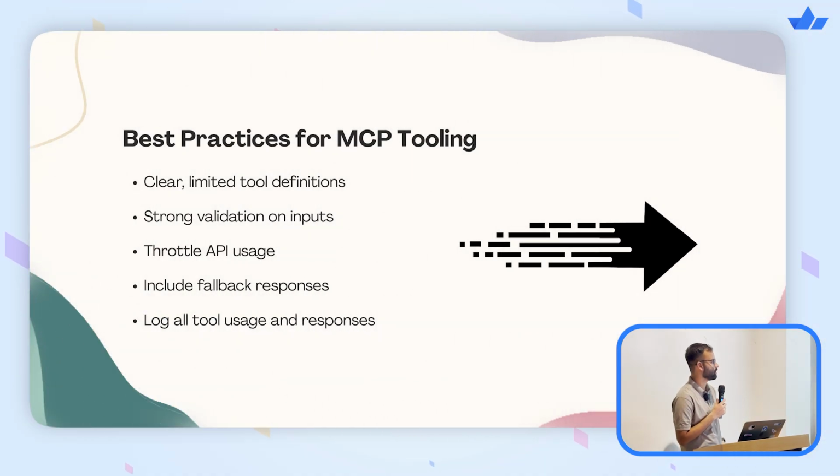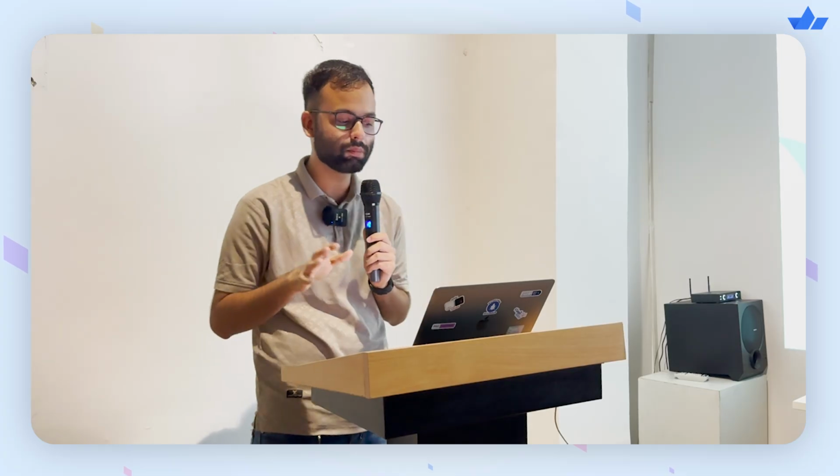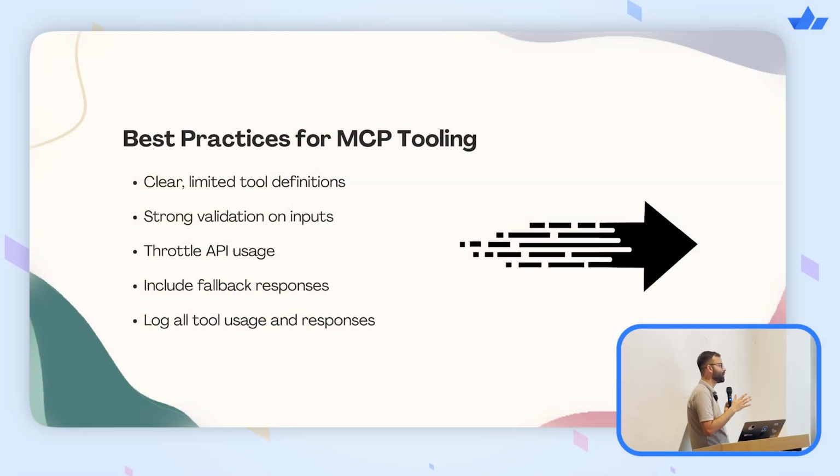So coming back to this, what are some of the best practices for MCP tooling? Obviously, every tool should have only one purpose. It can't be like you just clumped up your whole e-commerce into one function. For every single task that you want the LLM to be able to do, you define a separate tool. Don't clump up functionality. Strong input validations, obviously.